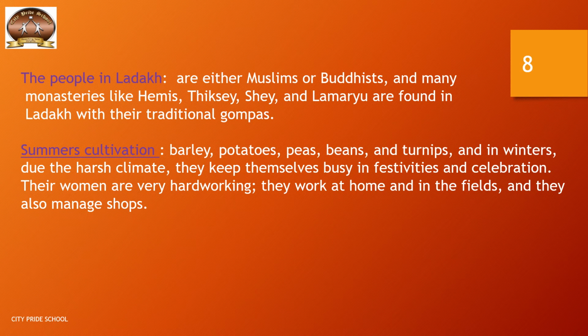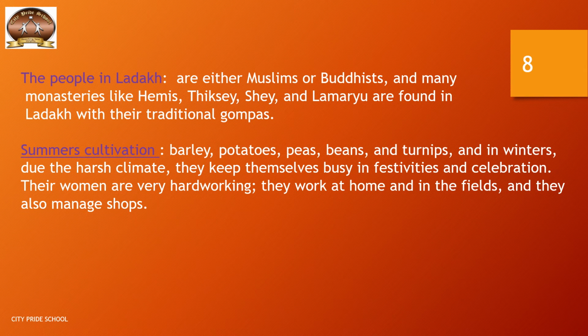In the summer season, the people are busy cultivating barley, potatoes, peas, beans, and turnip. The climate in winter is so harsh, being a cold desert, that the people keep themselves engaged in festivities and ceremonies, and the women are very hardworking here.